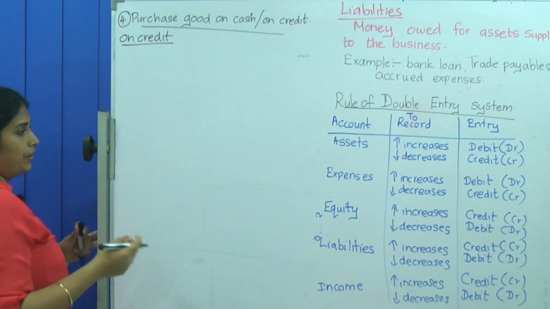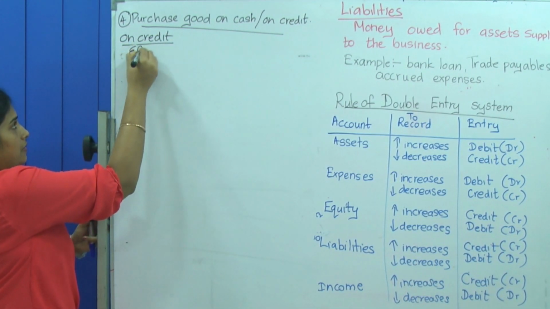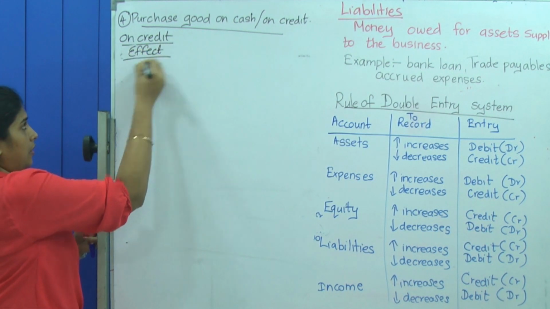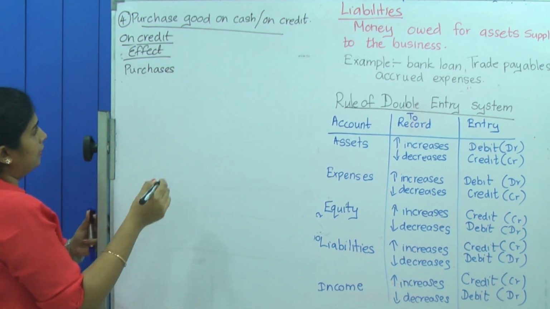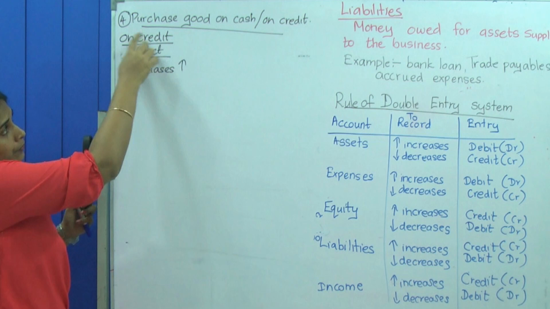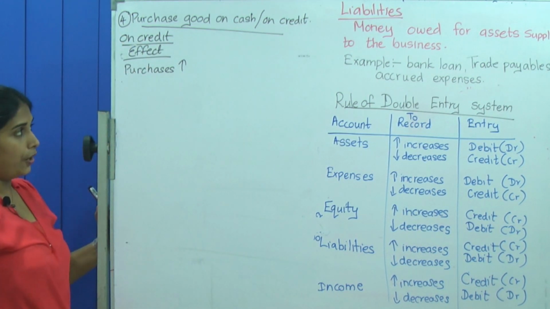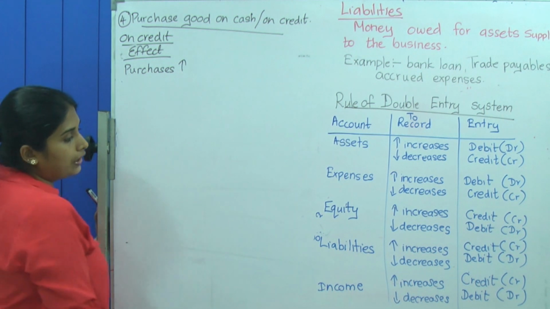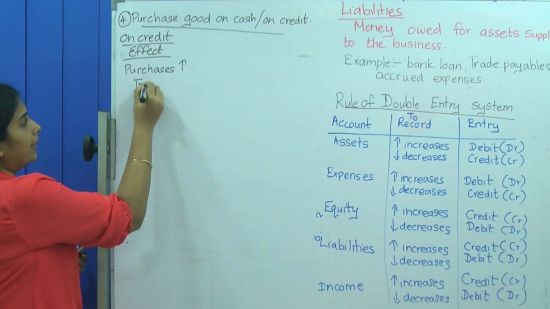The same thing happens when you purchase: purchases definitely increase, because when you purchase again and again, purchases increase. Now here, because you are purchasing on credit, cash won't be going out. Instead of that, you create a liability called trade payables.